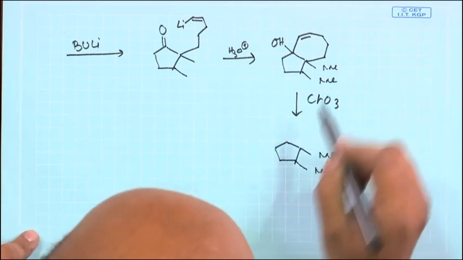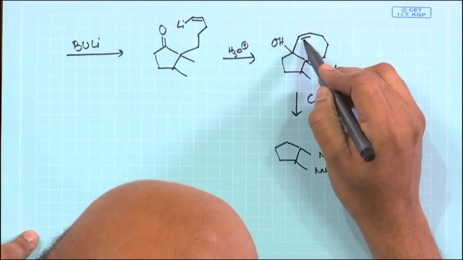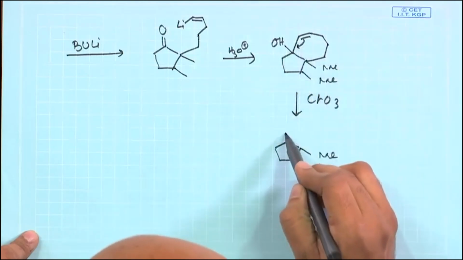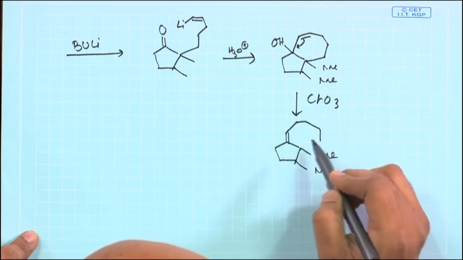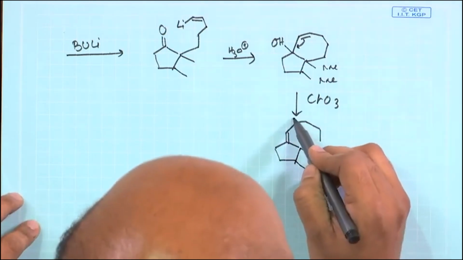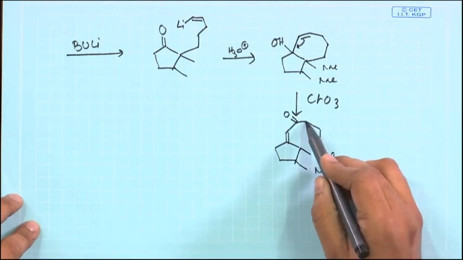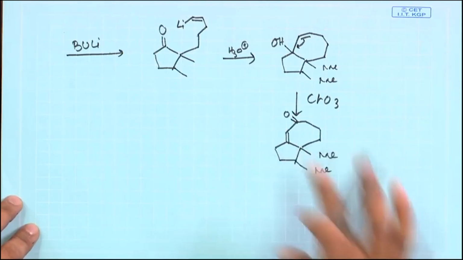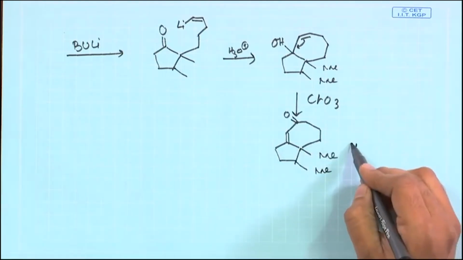And now, basically this O chromium ester 3 sigmatropic rearrangement, this double bond will basically migrate here, and then basically you will get this kind of structure with this ketone. Now come to this allylic position 1, 2, 3 these things. So, this is your target molecule which was given at the initial point.